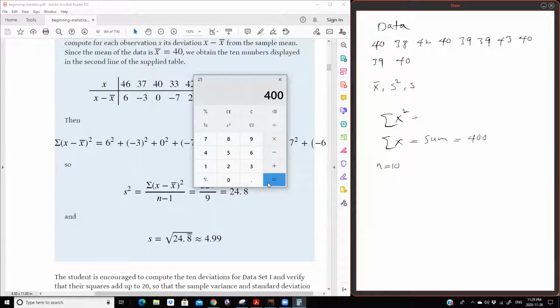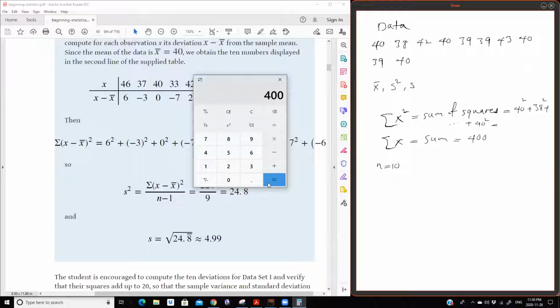Then we need something called the sum of squares. What does that mean? You need to square each one of them and add them up. That is, you do the first number 40 squared plus the second number 38 squared plus, and you keep adding them up until the last one, 40 squared.